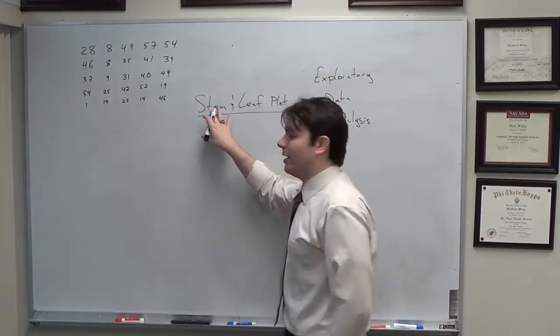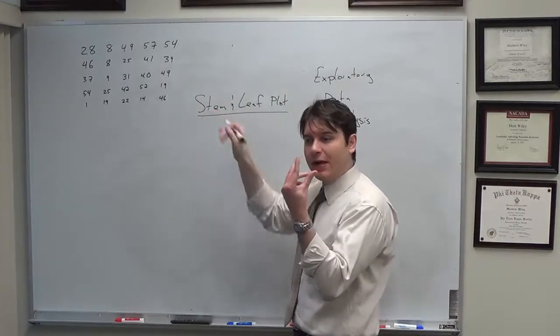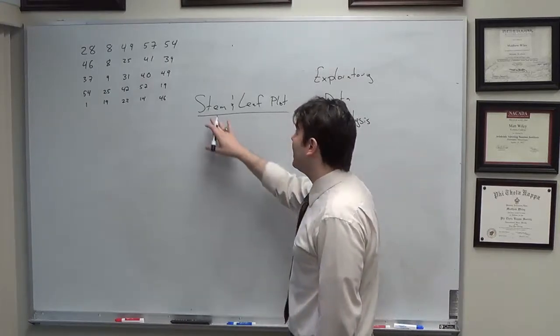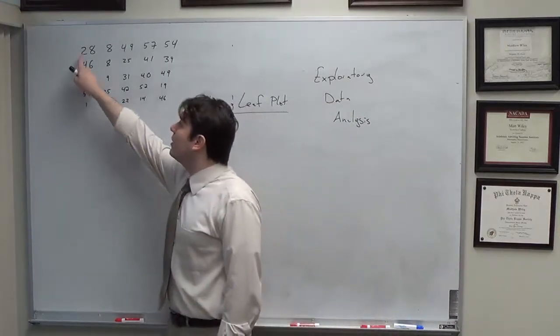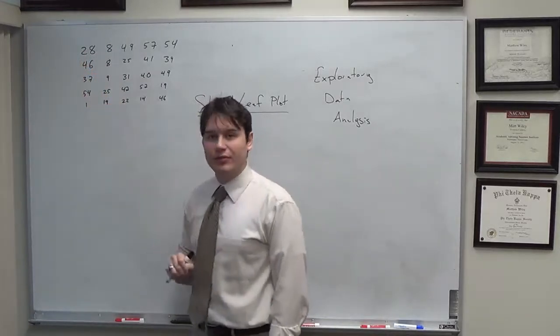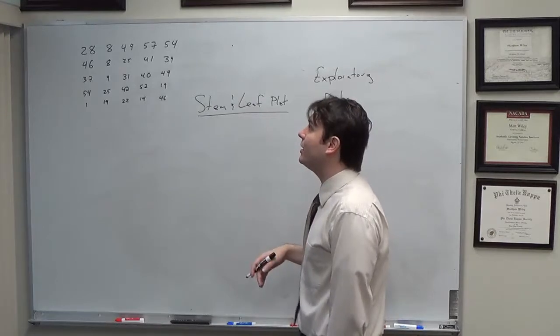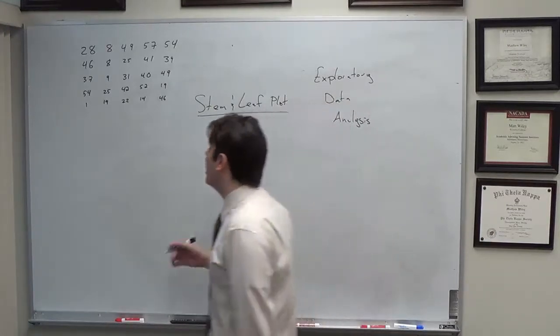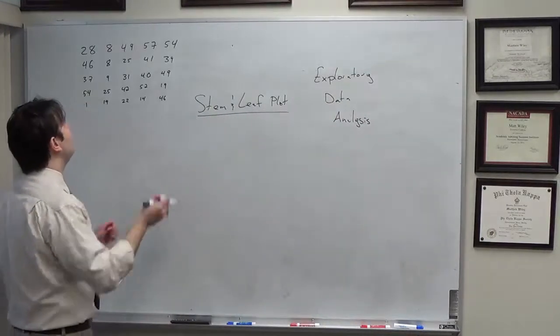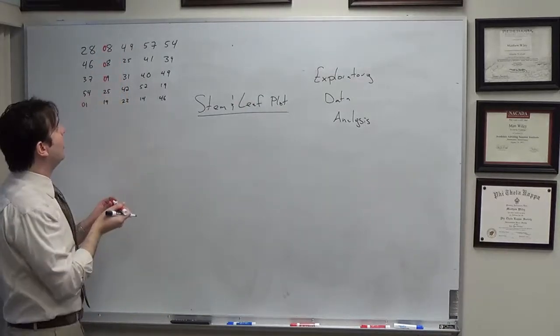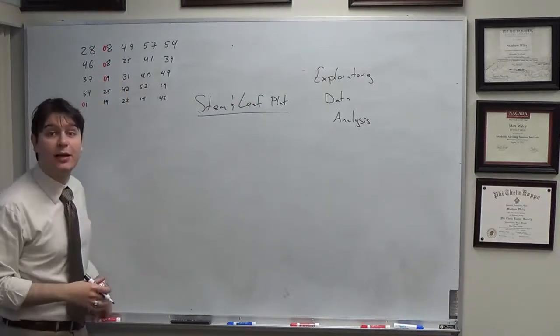You have the stem, think of a tree, you've got the stem, and then off of the tree branch some little leaves. My stem is going to be all the highest numbers that I've got. In my case, 2 for 28, 4 for 49, and 5 for 57. Let me rebrand 8 as 08, 09, 01. That'll tell you how the stem works.